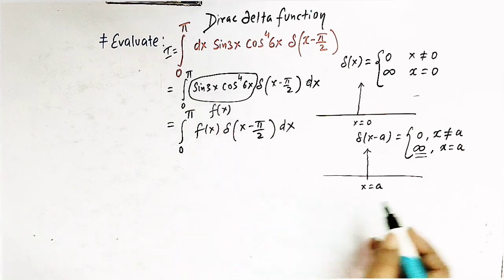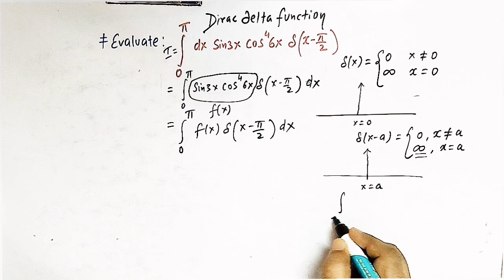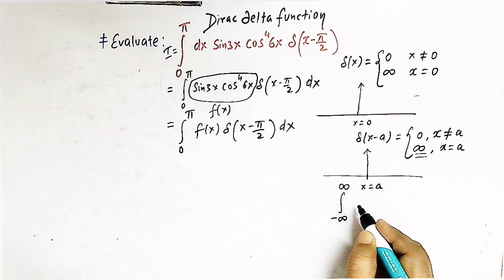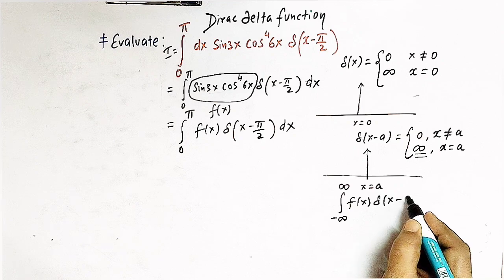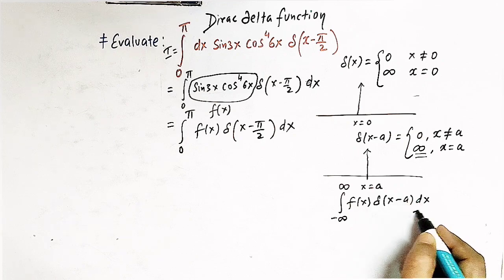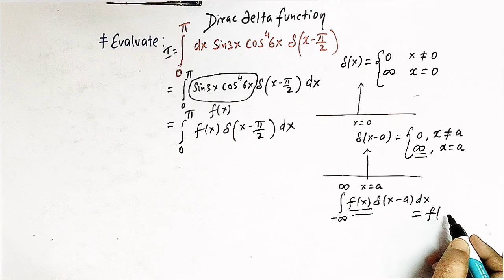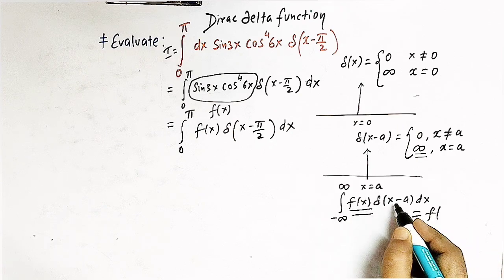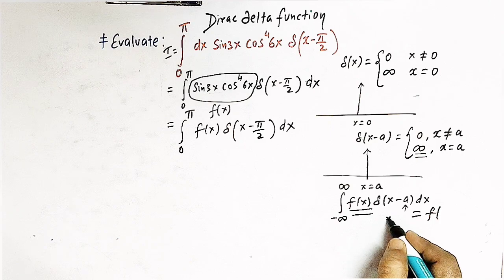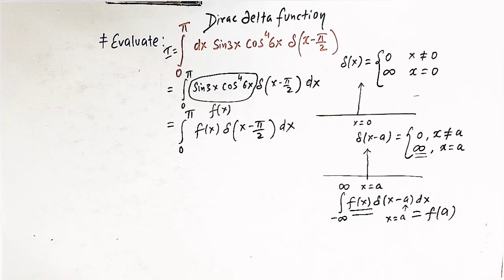Now see, from the definition of delta function, we know that if we have a function f of x associated with the delta function, then the value of this integral is equal to the value of this function f of x at this point, that is x equal to a. So here we have f of a.